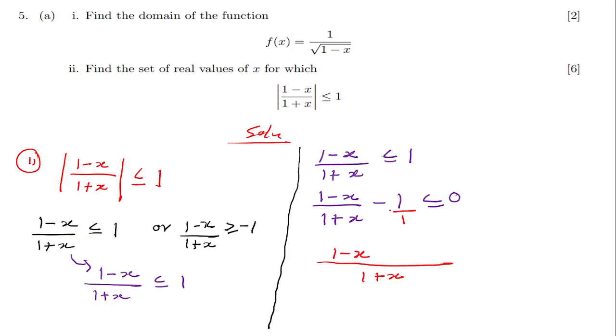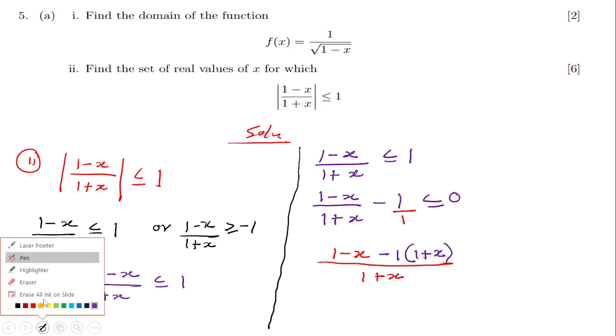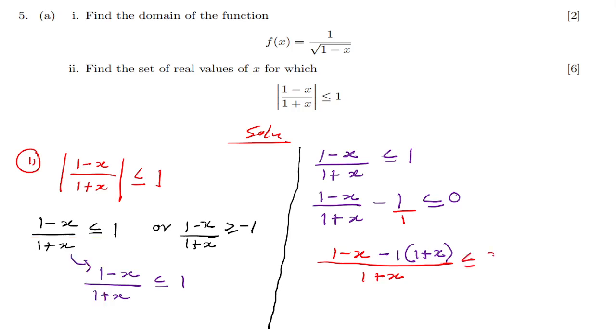Then the negative there, most people make mistakes on that. So you're going to carry it the way it is with a negative. So you put negative 1 open bracket, 1 into that, it's simply 1 plus x, and then it is less than or equal to 0.